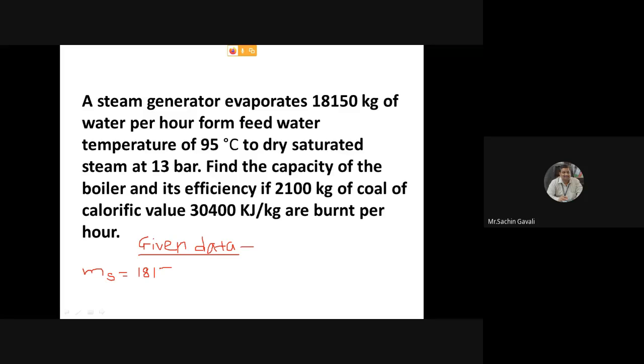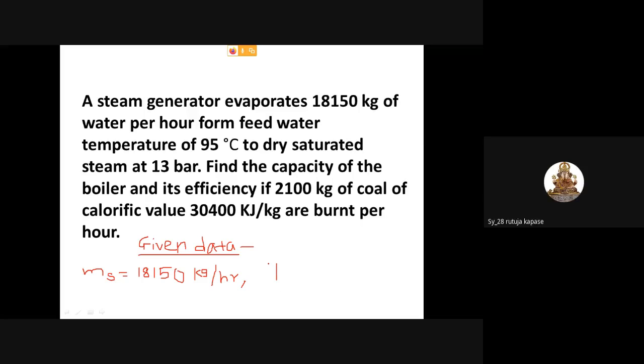Yes, sir. What is given data? Can you focus? ms is 18,150 kg per hour. So whatever water is there, directly it is converting into steam. Therefore there is no loss of water. Then what is given next?